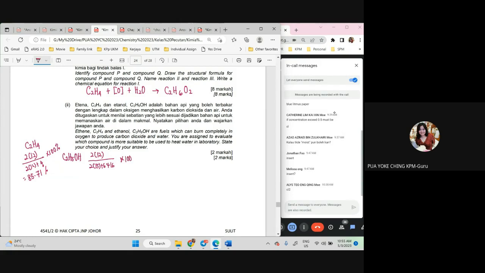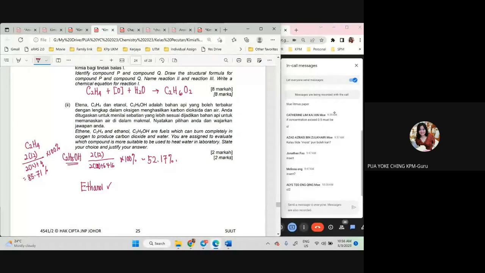Multiply by 100%. So this is 52.17%. So you will get C2H5OH is less sweetness. So you choose ethanol.